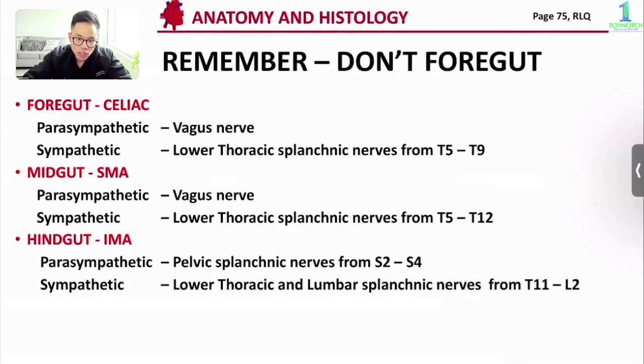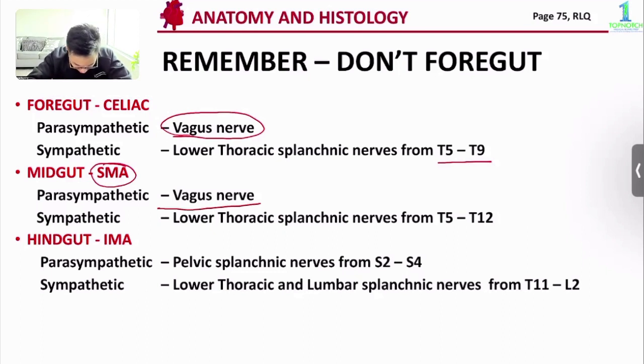Okay, so a little bit of embryology. You have the foregut with its innervation from the vagus nerve as its parasympathetic innervation, whereas the sympathetic is from T5 to T9. The midgut, which is supplied by the SMA, still has the vagus nerve as its parasympathetic innervation, and the sympathetic is now T5 to T12. Later on, the hindgut is supplied via your IMA. And this would be the more different one.